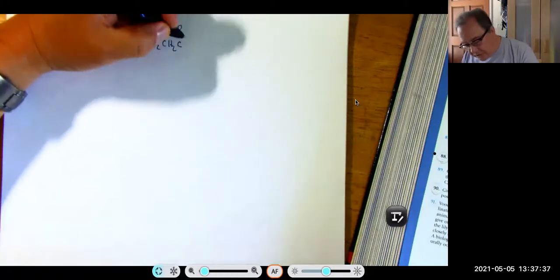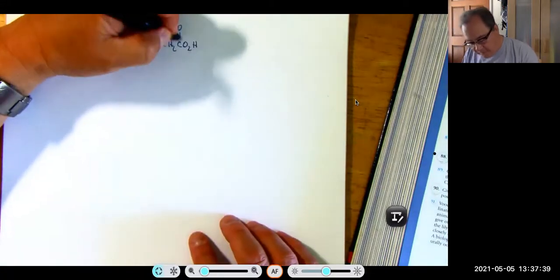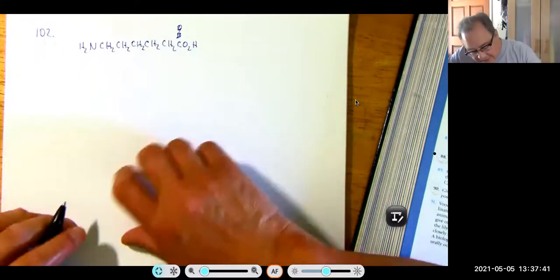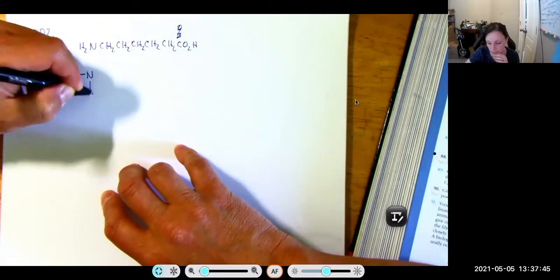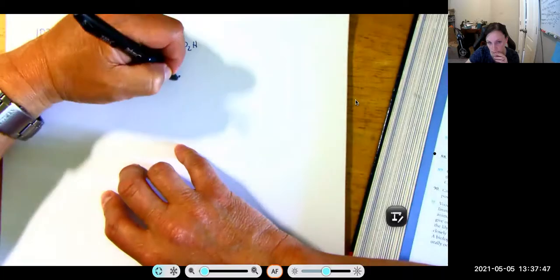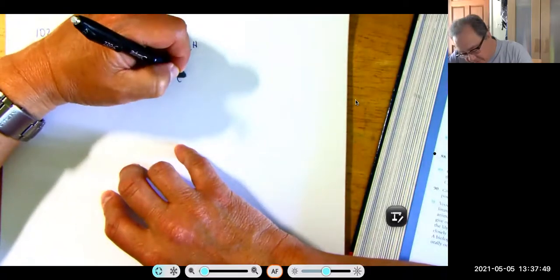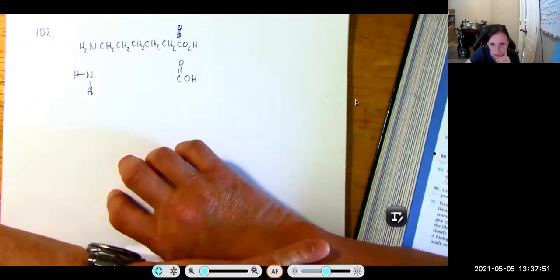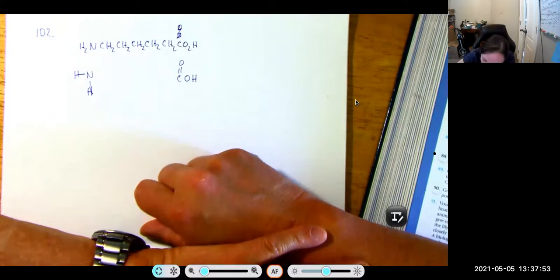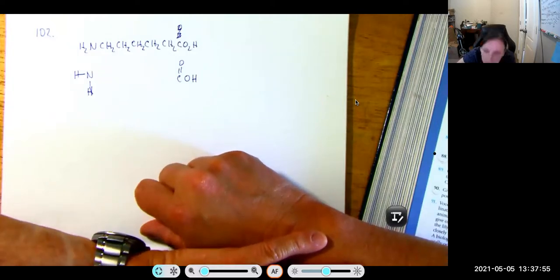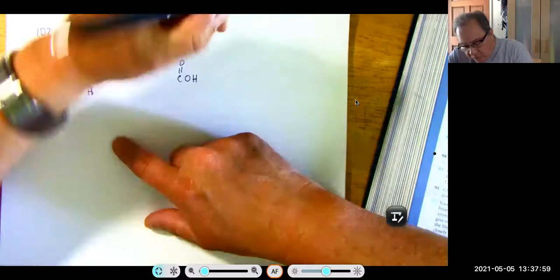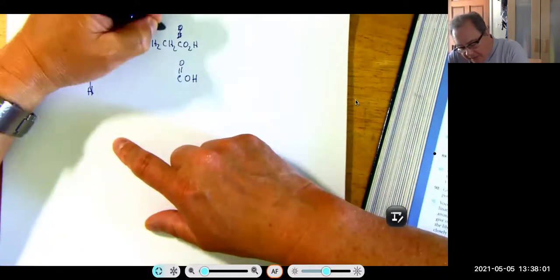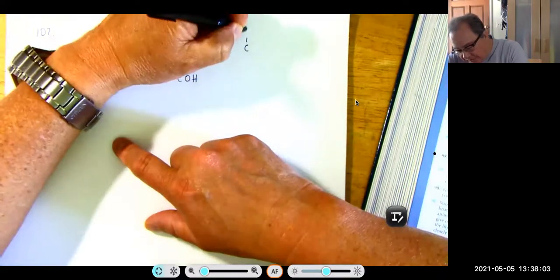Oops, they wrote CO2H. Well, I see on this end we've got this, right? Yeah. And I see on this end, we've got this. Well, that's what I had a problem with drawing. I didn't know what that meant. CO2H.